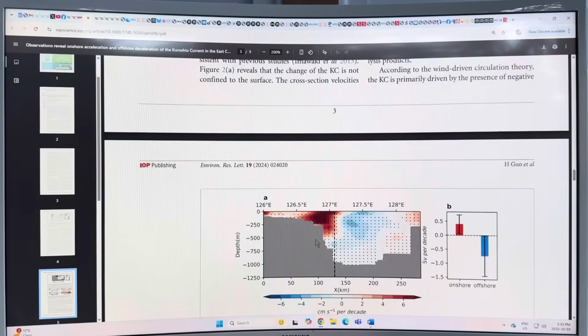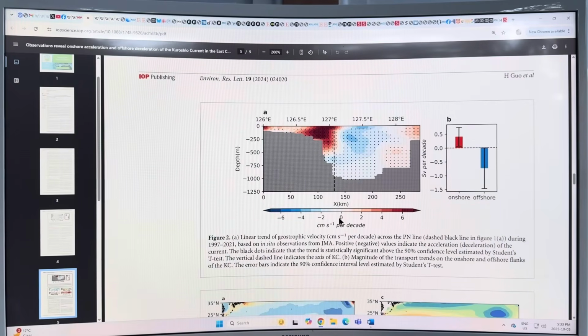And this is a bathymetry image showing, as you go towards the coast, this is that dividing line again, with depth, centimeters per second per decade in the red, and the highest is the biggest increase.